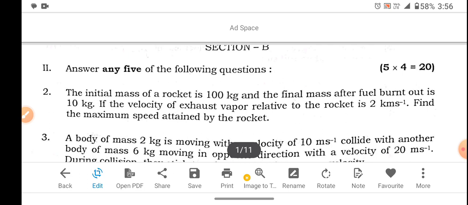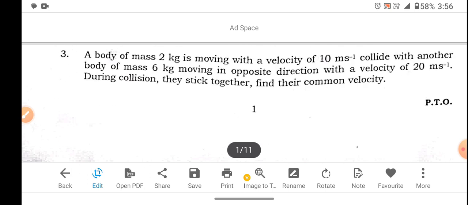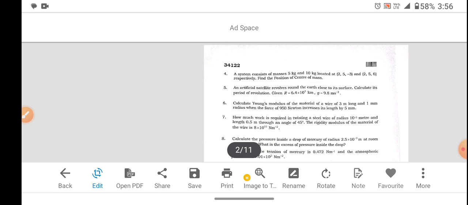This question is related to the final velocity of a rocket. So let's see how we can solve this one.